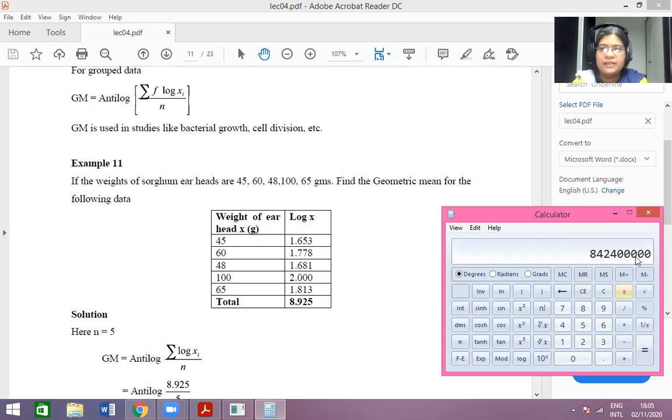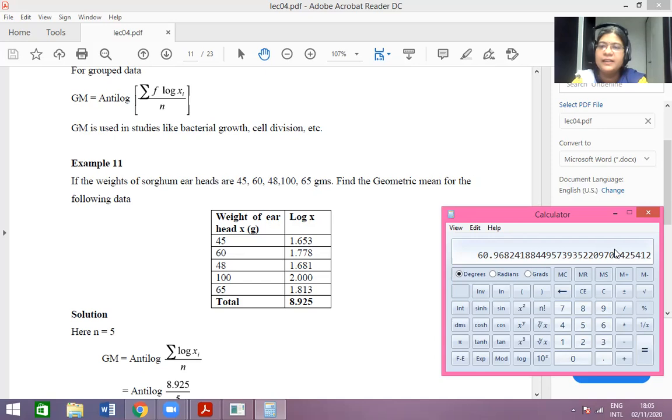This is my answer. Now I have to find the fifth root of this. So my answer is 60.98241884. Since I will take up to 4 decimals, this is my answer: 60.9682.